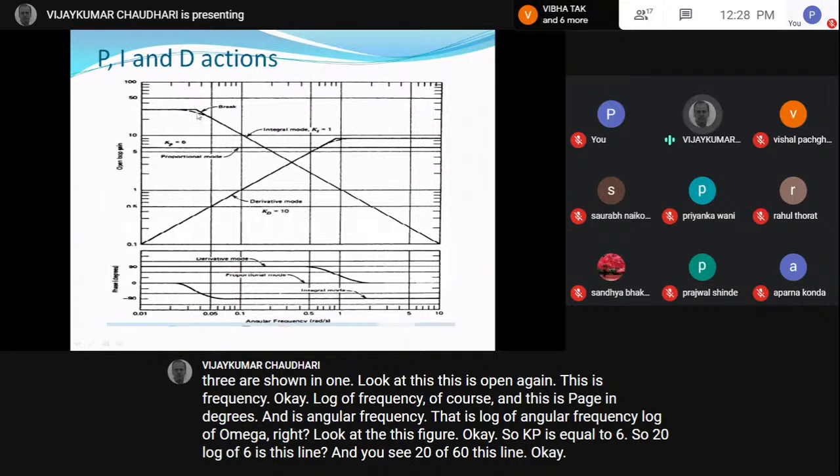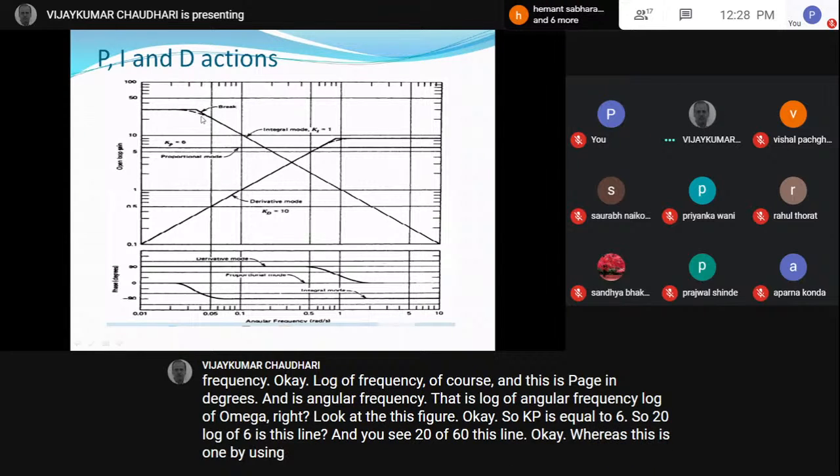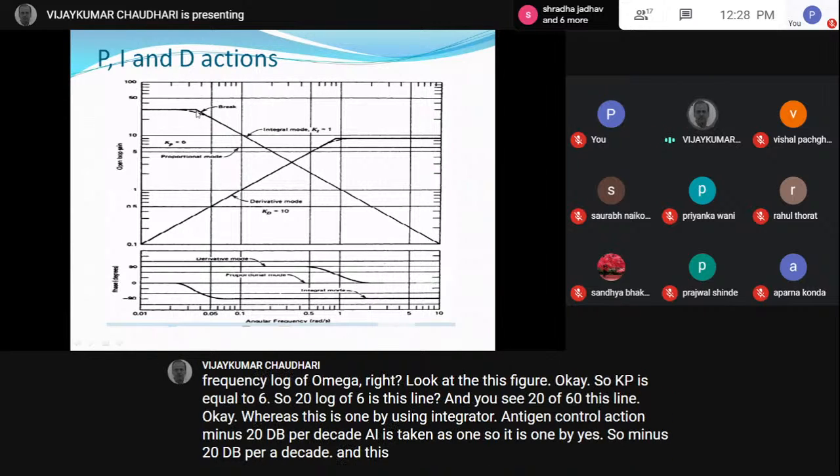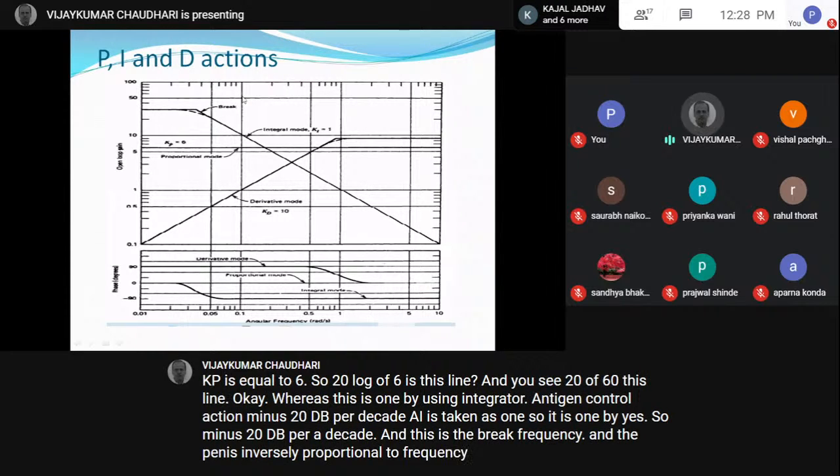Whereas this is 1 by s, the integrator. Integral control action is minus 20 dB per decade. So Ki is taken as 1, so it is 1 by s, so minus 20 dB per decade. And this is the break frequency, as the gain is inversely proportional to frequency. It is Ki upon omega.